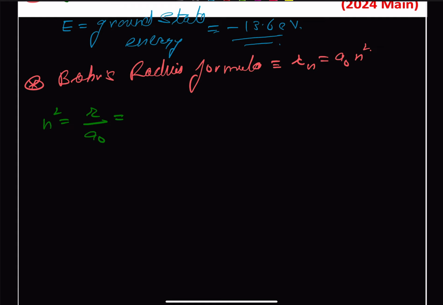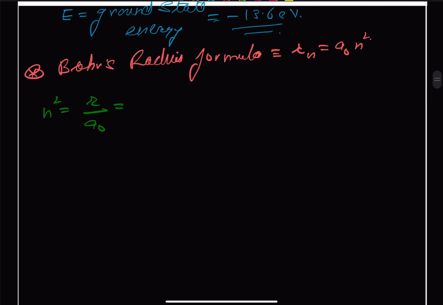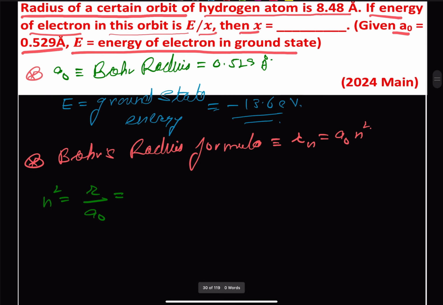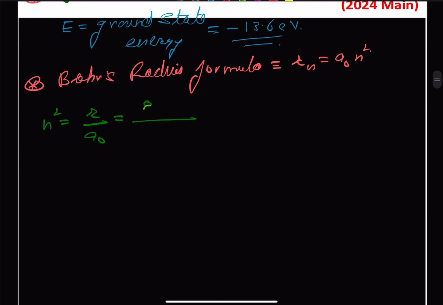This R is given, for a certain orbit, as 8.48, divided by A naught, which is 0.529, which approximately comes as 16. Therefore we can say the value of n is equal to 4.